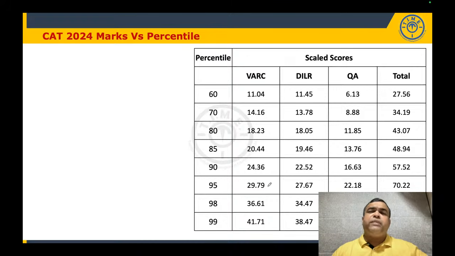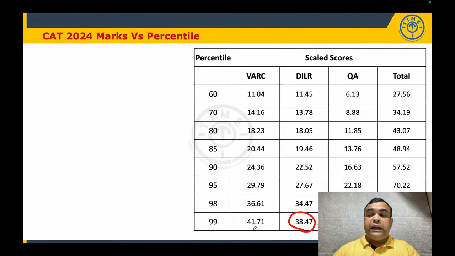Fine. So often many people talk about a 99 percentile. If I talk about, let's say, 99 percentile in QA last year, can I say it is 33 marks? So if I write the number of questions correct, around 11 questions net correct. In DILR, look at 13 questions net correct.